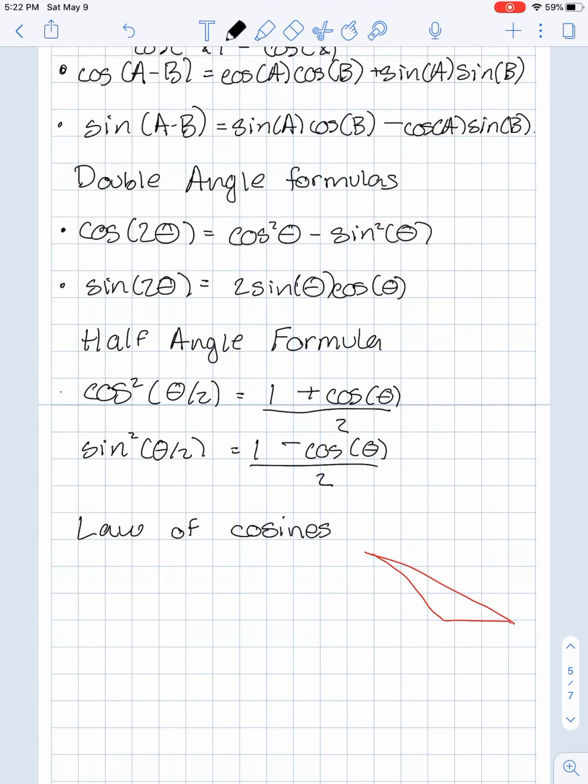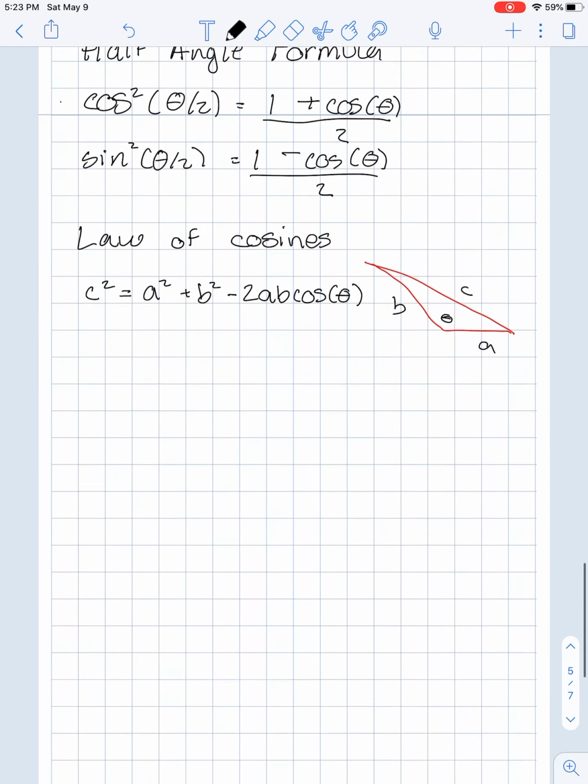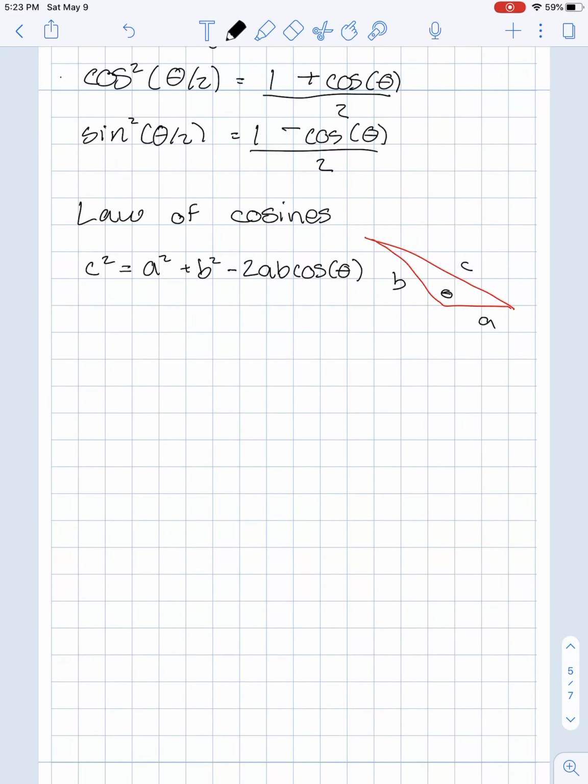I like obtuse triangles. So this is theta, this is C, this is A, this is B. Since this isn't a right triangle, we can't use the Pythagorean theorem. We can use the law of cosines. That says C squared equals A squared plus B squared minus 2AB cosine theta. That's where it gets the name law of cosines, because there's a cosine involved. Remember A, B, and C are the lengths of the sides. So you can use that as well.